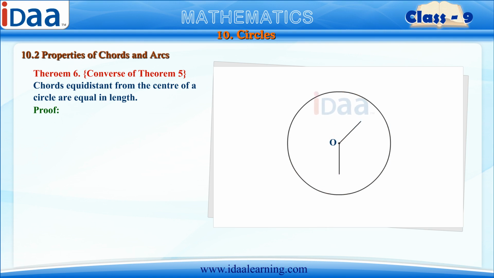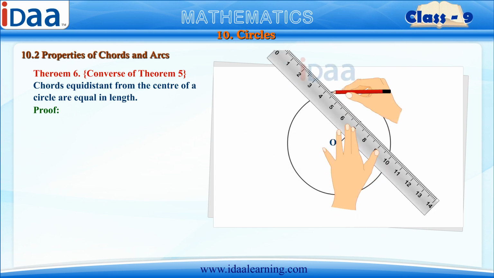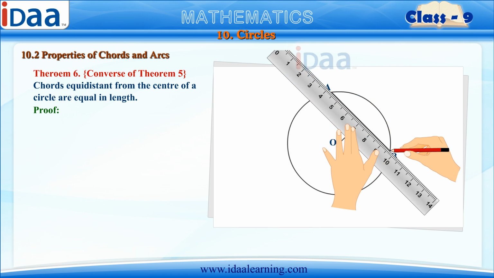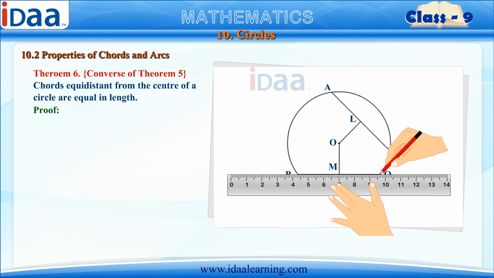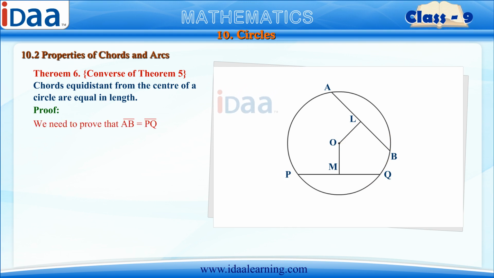Thereafter, we have drawn chords AB and PQ of the circle perpendicular to OL and OM respectively. We need to prove that chord AB is equal to chord PQ.